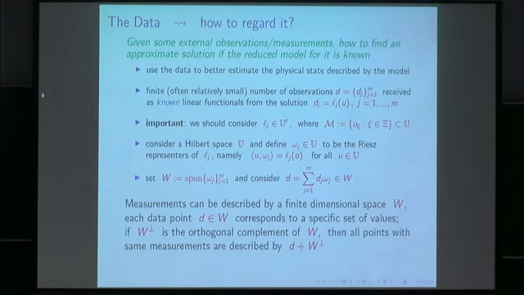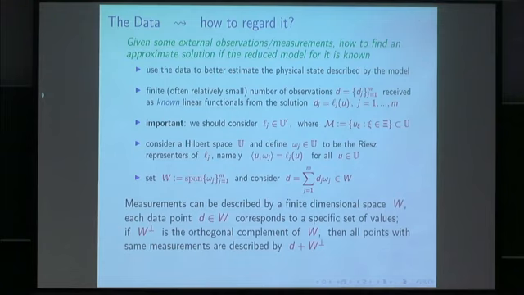But we ignore this problem because this is a kind of numerical problem, and we'll consider the data D not as the data Dj, but as a point of this space W.